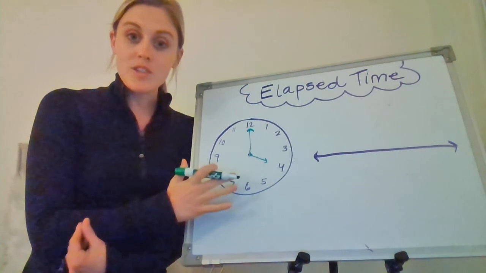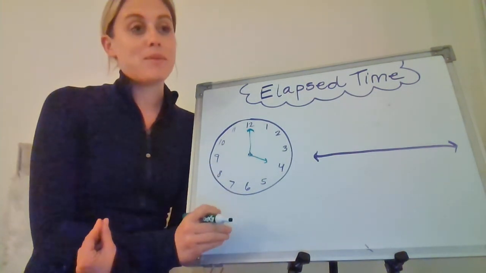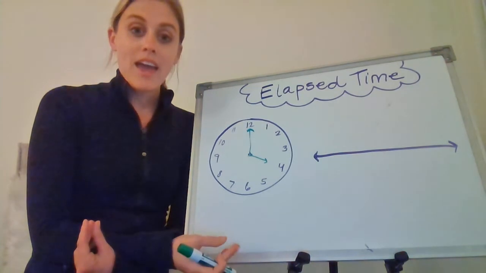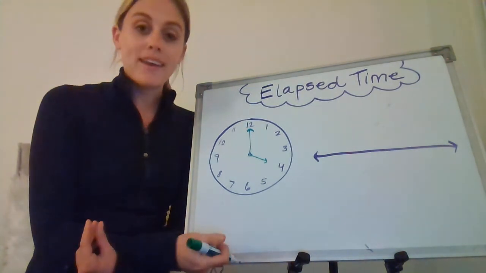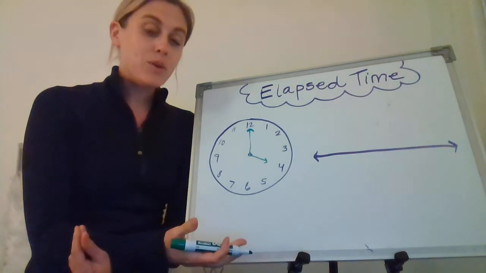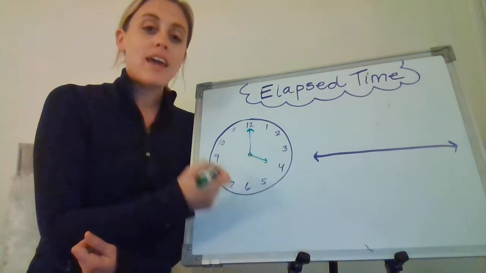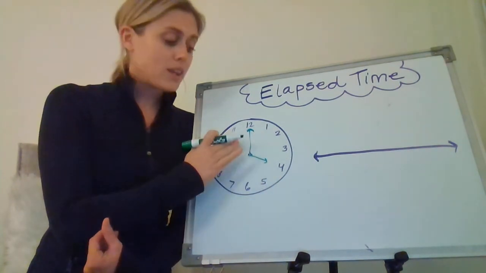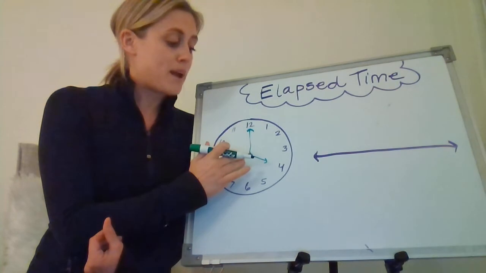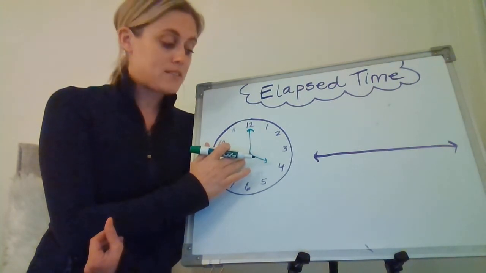Now let's have our new starting time of 4 o'clock. Let's say that you and your family want to go outside and chalk, and you want to chalk for an hour and 10 minutes. Now, if I'm using an hour, I actually don't need to go around and count each minute. I'm just going to add my next hour, but it's an hour plus 10 minutes.